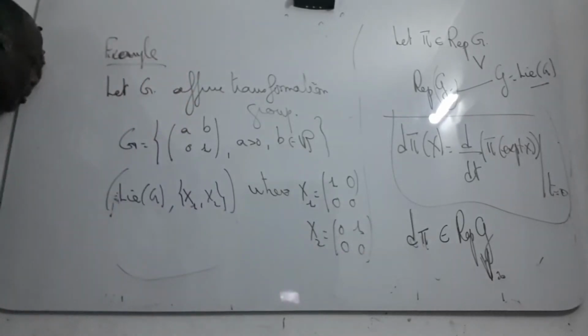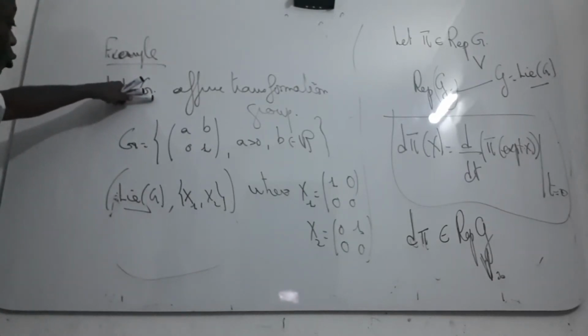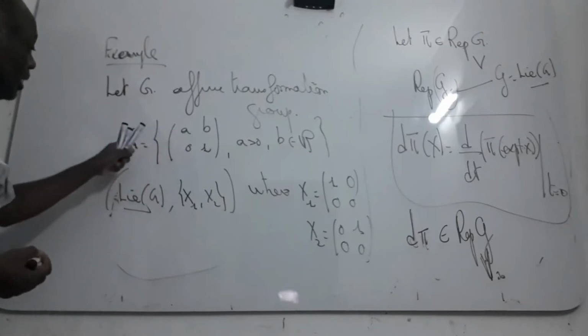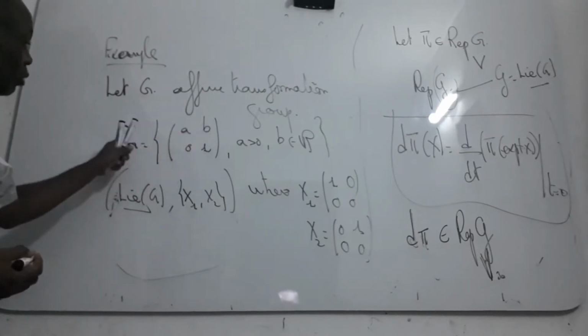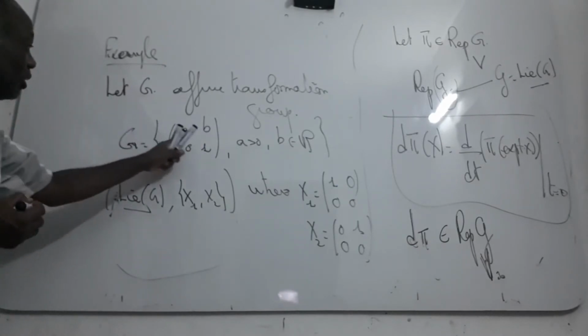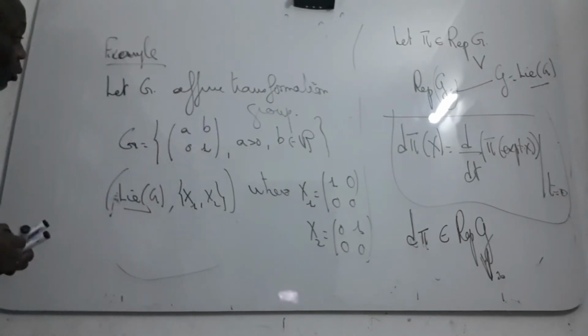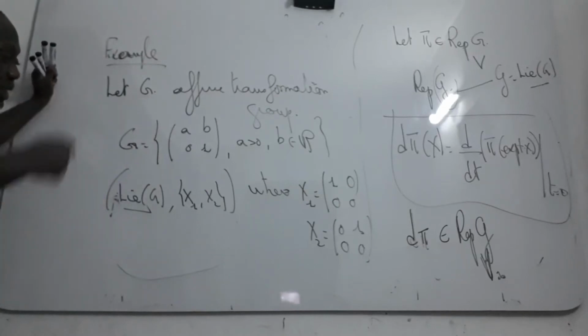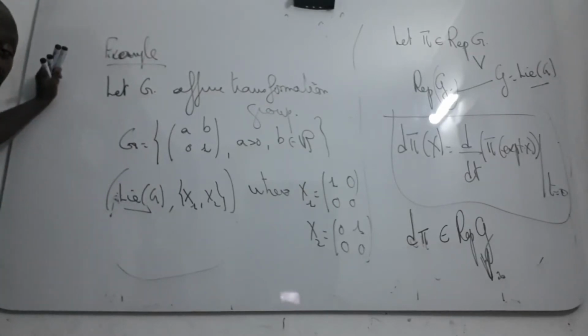This can be the basis of the Lie algebra. So the Lie algebra of this affine transformation group is the vector space generated by these two. It's a two-dimensional vector space because the group depends only on two parameters. The dimension of a Lie group is just the number of parameters that characterize your group.